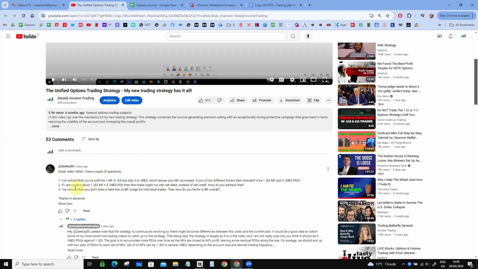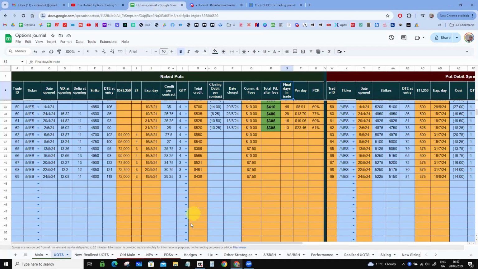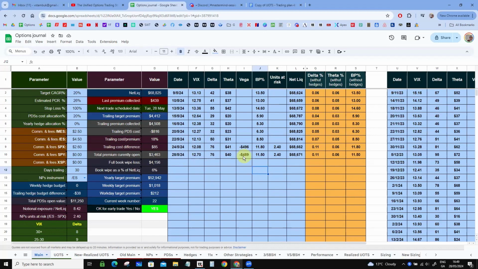And also, the second question is they noticed that I don't have a buying power usage per individual trade. That's correct. If you take a look here on the main page, when you take your metrics daily or whenever you put a trade on, there is no specific buying power per trade.